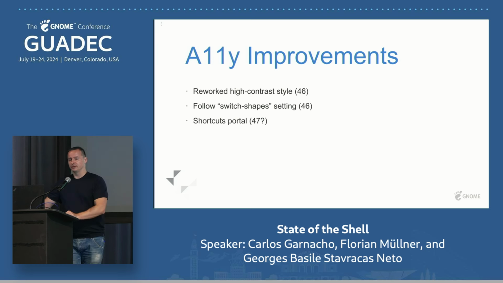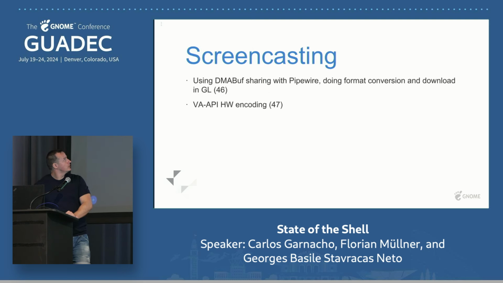There have been a couple of accessibility improvements, nothing major, and I should probably skip over those. Some of the screencasting improvements have been on the shell side as well.